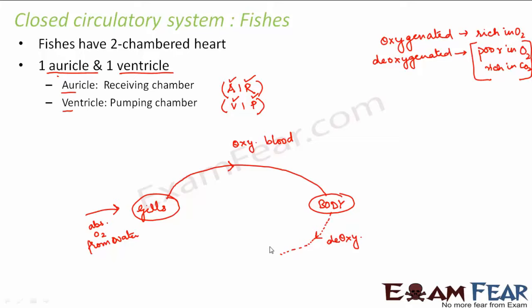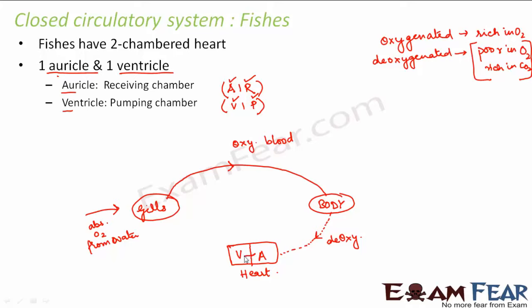Where will this blood go? Now this blood will go to the heart. Let us suppose this is the heart of the fish. So this deoxygenated blood will go to the heart. The heart is divided into two chambers, that is auricle and ventricle. Auricle is the receiving chamber, so it will receive the deoxygenated blood.